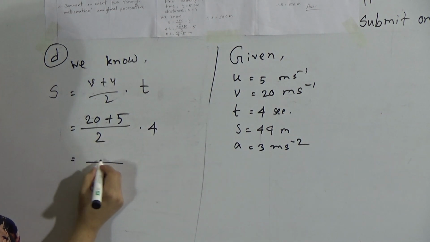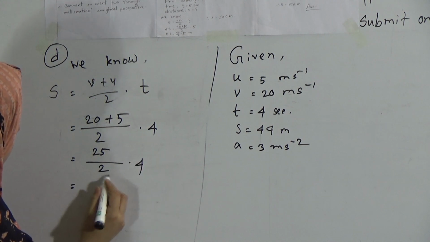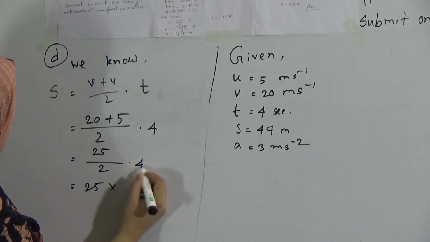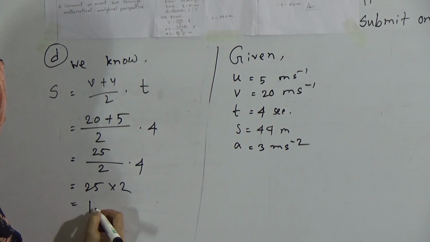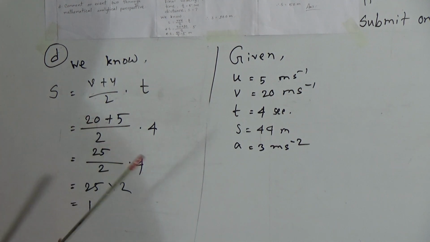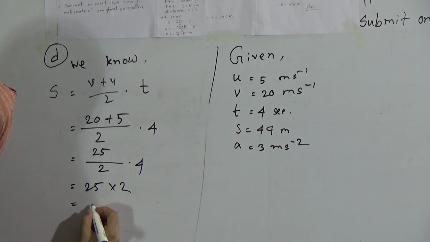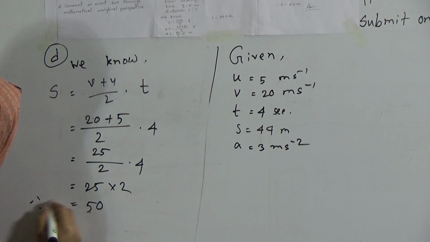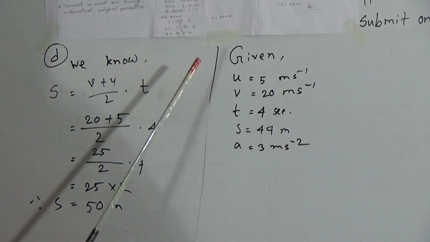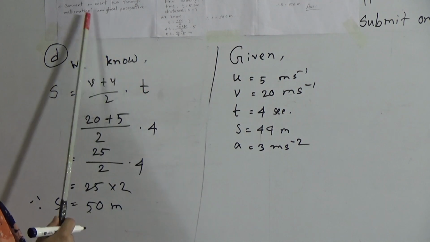That means 20 plus 5 is 25, divided by 2, into 4. 25 divided by 2 into 4, that means 2 25s are 50. So distance is equal to 50 meters. Okay, my dear students, I hope you have understood this question number D.